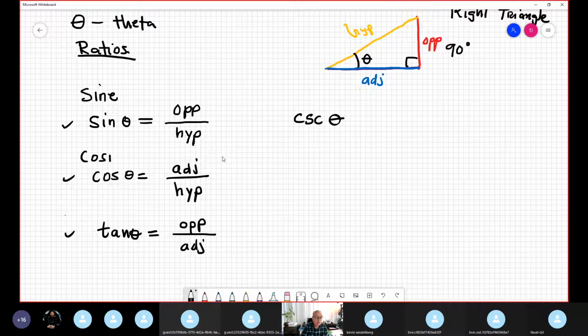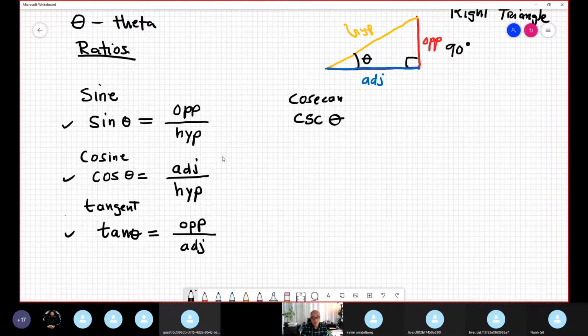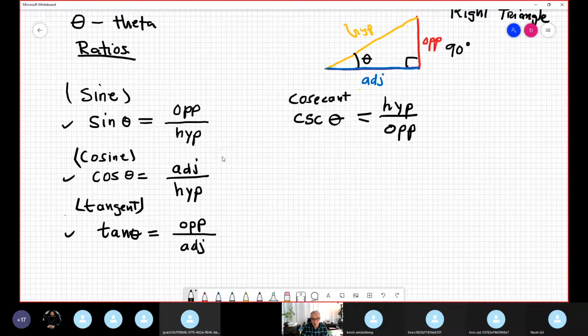The abbreviation is three letters, not always the first three letters, and in this case, cosecant, it's different. It is the reciprocal of sine, hypotenuse over opposite.